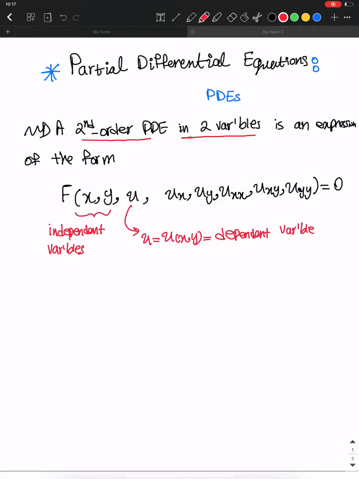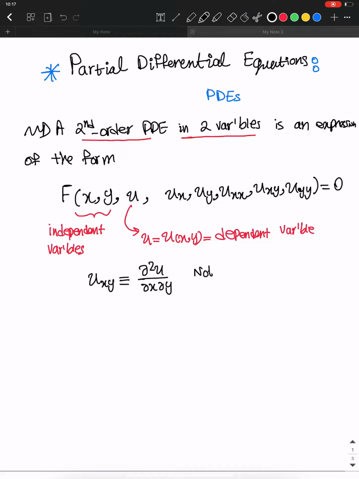Okay, and I have another definition. What is uxy? This is just a notation. uxy is the derivative of u with respect to x and y.